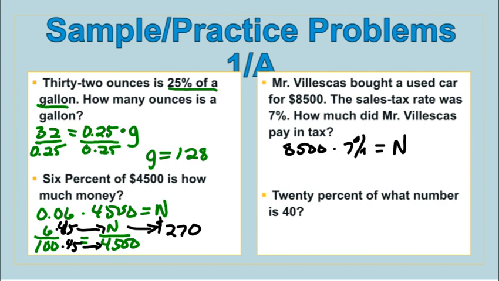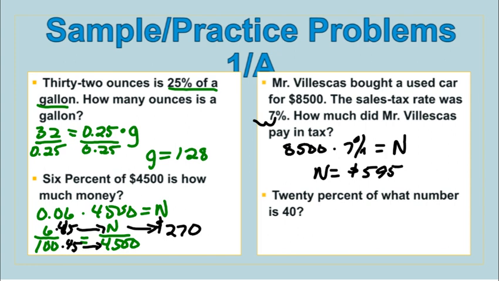So how much did he pay in taxes? If we take our 8,500 and multiply that by 0.07, we get $595. Now it's important that when you use a percent, if you write it as a decimal, make sure you move the decimal place 2 places to the left so that you use the correct decimal number.